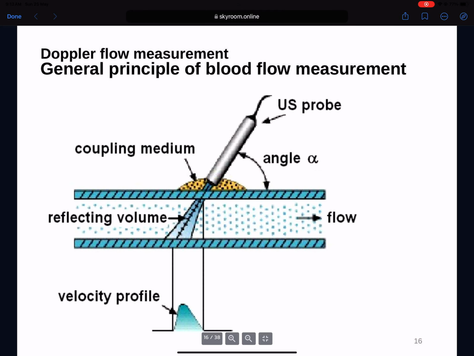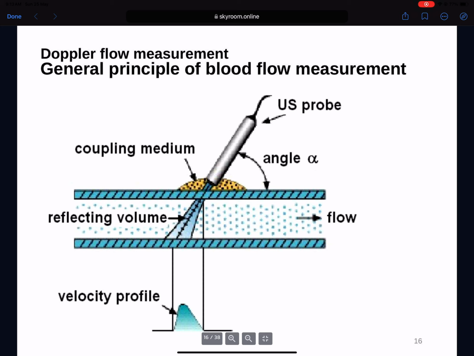For example, in this slide, I show that if you put the probe at a specific angle against the vessel or artery, you can measure the volume of the blood passing through this vessel, and it's very useful.